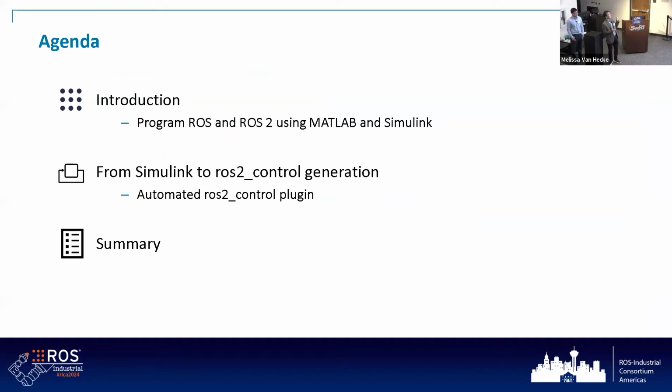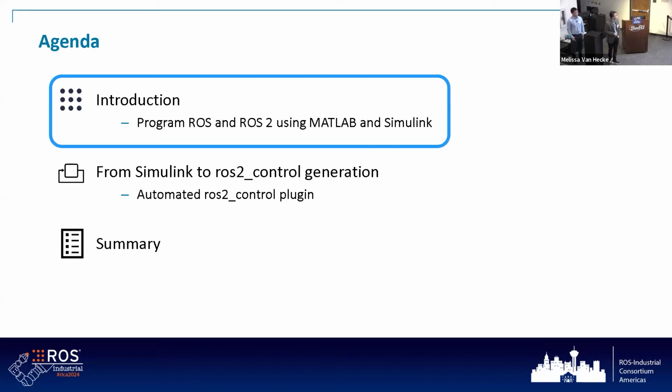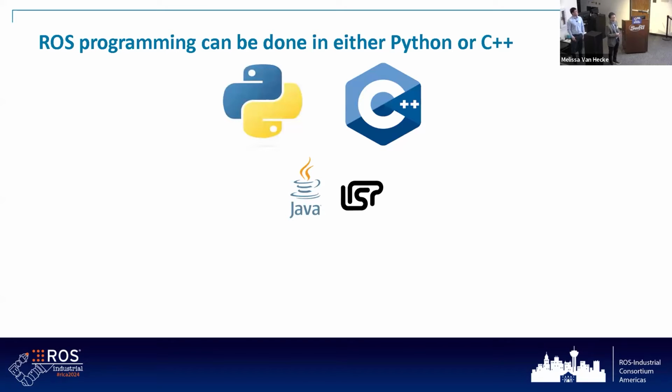I need to mention automated ROS 2 controller generation from the Simulink model. I feel this is an interesting and cool feature that you can take advantage of, a new update that we have. As you do today, you can program ROS using Python or C++.